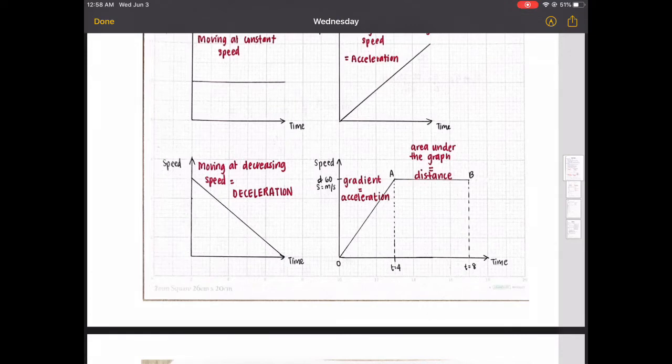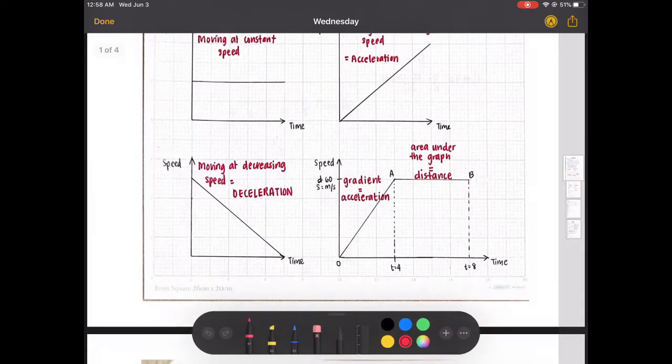So, in a speed time graph, the gradient refers to the acceleration of the object. Meanwhile, the area under the graph equals the distance traveled by the object. So let's look at here, for example, if you want to find the acceleration from point O to point A, you will have to find the gradient of this line. And then for the area, for example, you want to find how far the object has traveled from point A to point B, you will find the area under the graph.